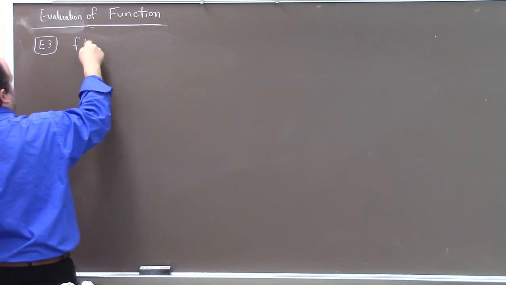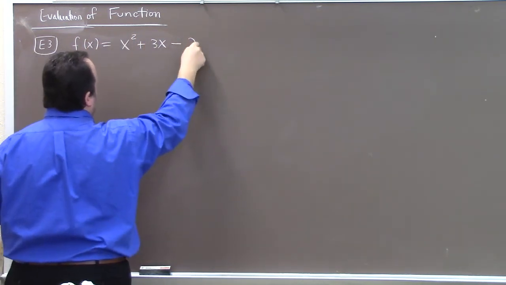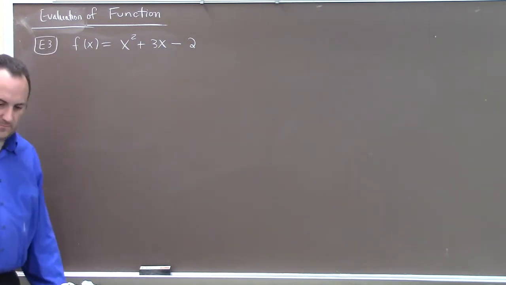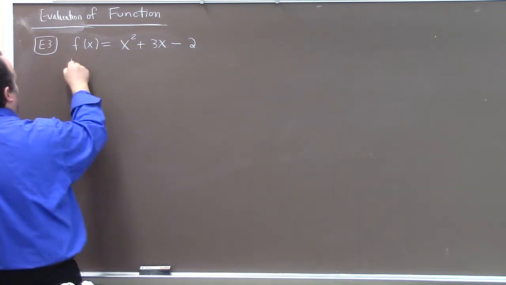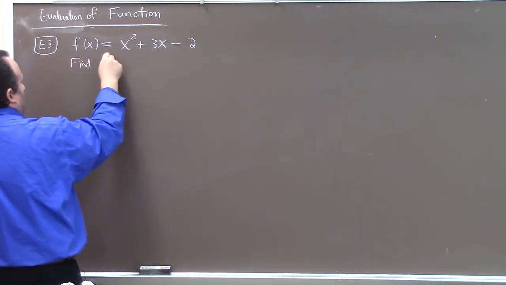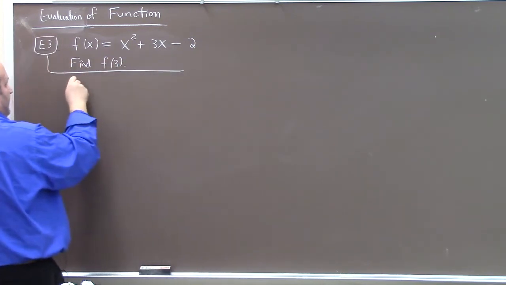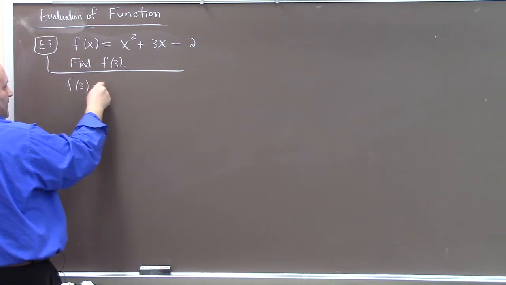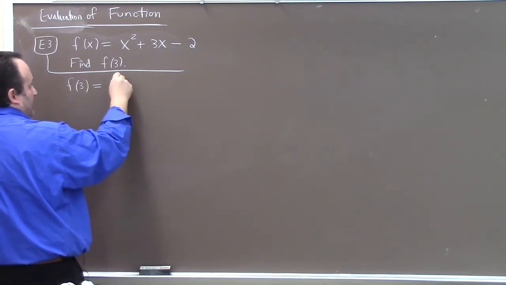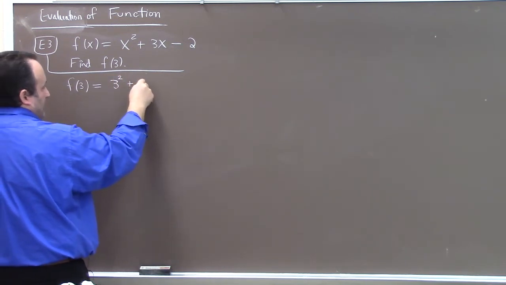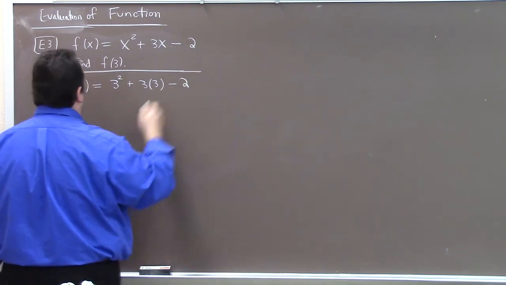I have f of x equals x squared plus 3x minus 2, and you can say find f of 3. So what would f of 3 be? For f of 3, we take x and put x equal to 3. So we get 3 squared plus 3 times 3 minus 2. That's how you do it.